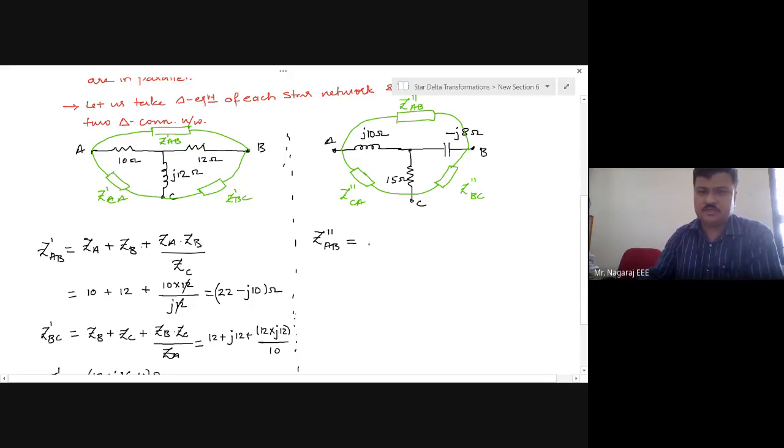So ZA is J10 plus ZB is 15 plus J10 into 15 divided by minus J8. So this J will cancel. It is 150 divided by 8, plus 15, all the real terms.